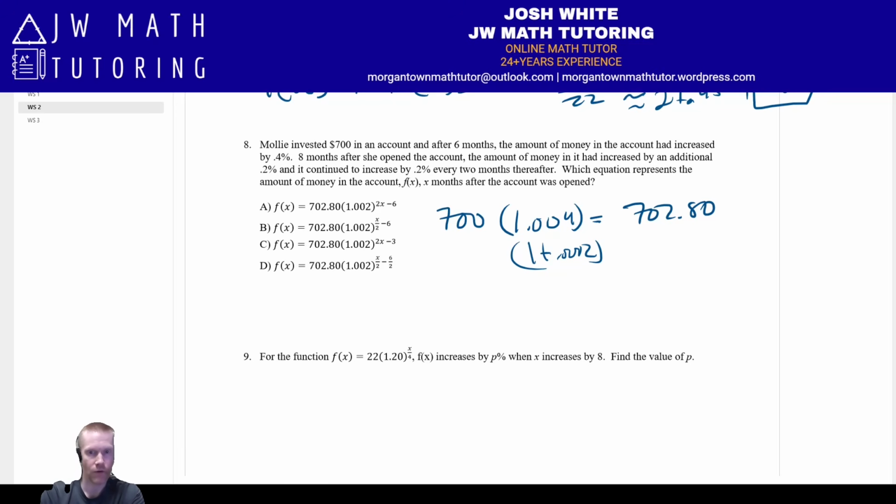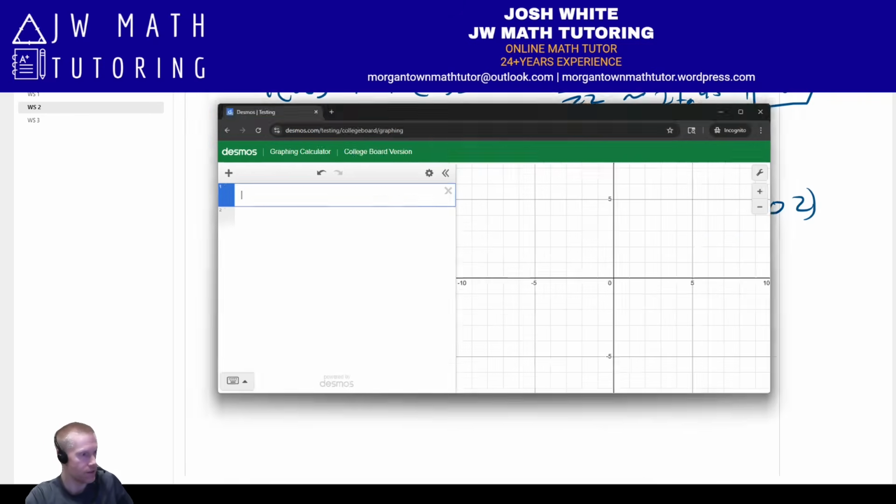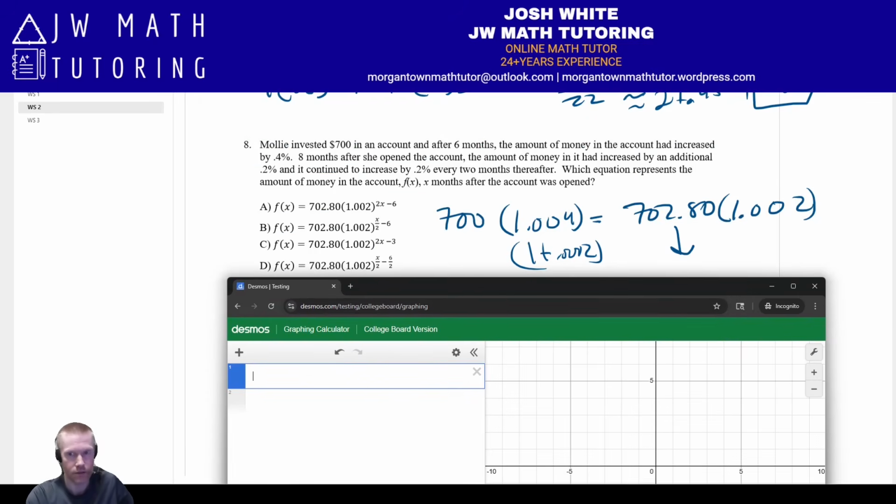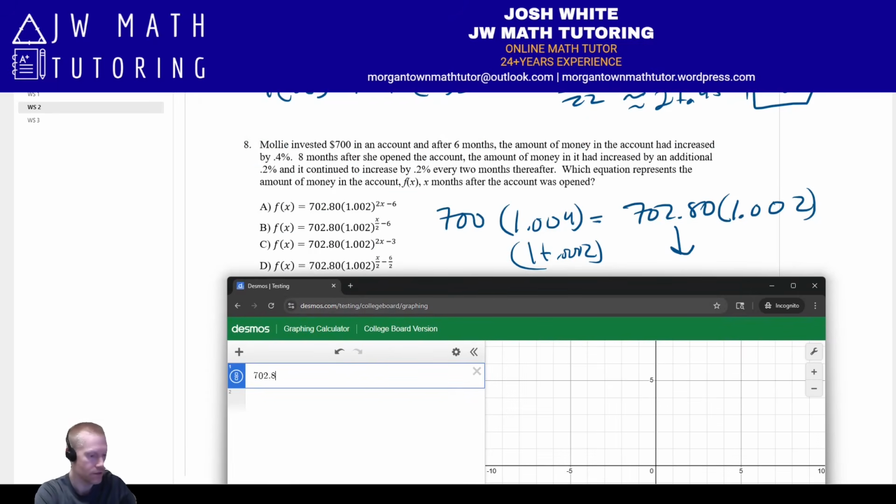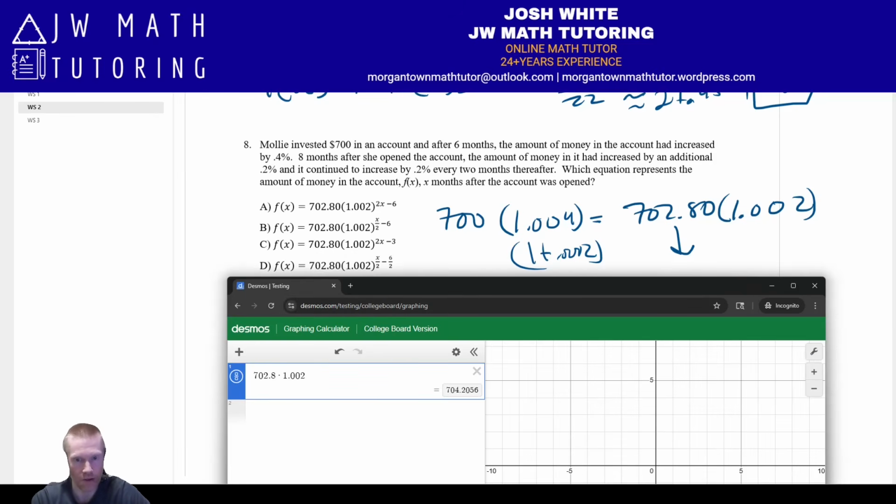After 8 months, you would have this amount of money, which would then have increased by 0.2%. So in other words, you would take this and multiply it by 1.002. And when you do that, your total expected money would be 704.2056, right?